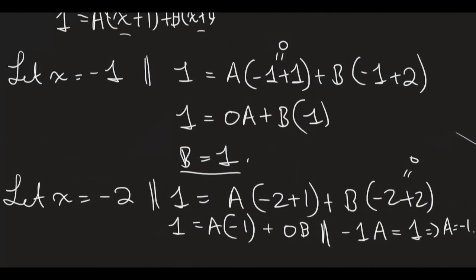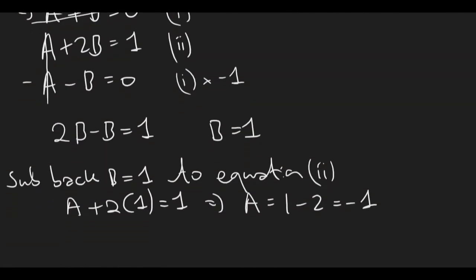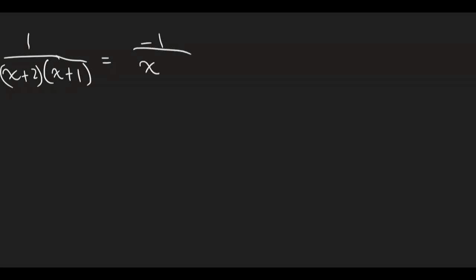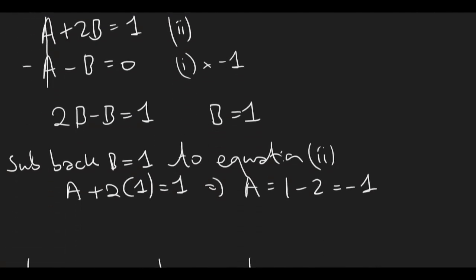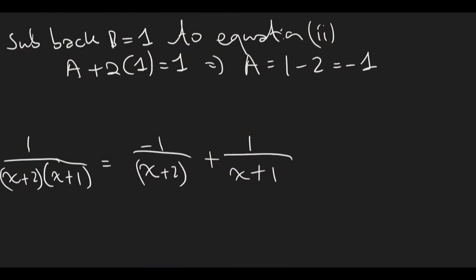Is that what we got above? So we got a is equal to minus 1. So then our expression to get full marks for the question would be 1 over (x plus 2)(x plus 1) equals minus 1 over x plus 2 plus 1 over x plus 1. Just double check that's correct. Yeah, so b is 1 and a is minus 1.